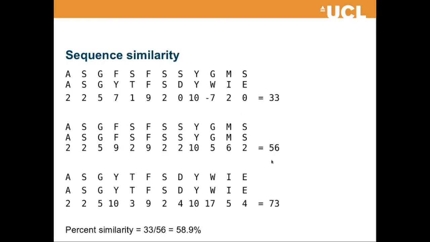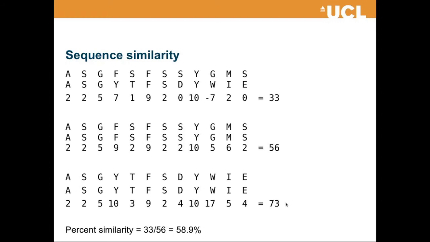On the other hand, in calculating the sequence similarity, this is the comparison of the two sequences, looking up their scores from the Dayhoff matrix. We add those up to produce a score of 33. If we score the first sequence against itself, we obtain a score of 56. The second sequence against itself, we obtain a score of 73.